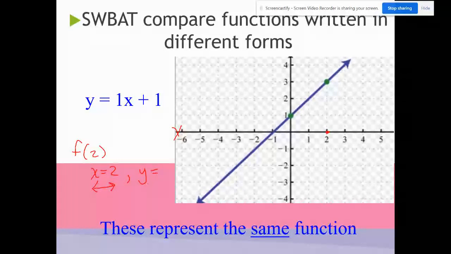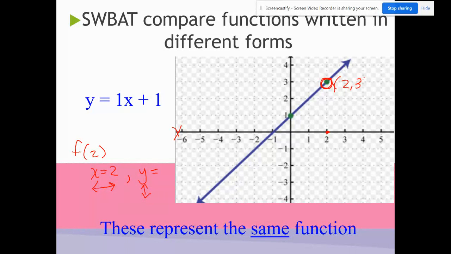I want to figure out how many times up, down I need to go to meet the line. So we're going to go up here, and I'm going to name this point 2, 3. That's the y here. So the y is 3. This would be a relationship.